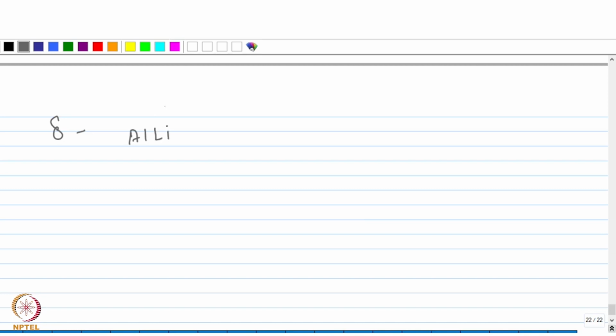Okay, so this is the composition or the formula for the equilibrium phase delta in this case. And the structure of delta, the crystal structure is of B32 type, which is basically the NaTl structure.